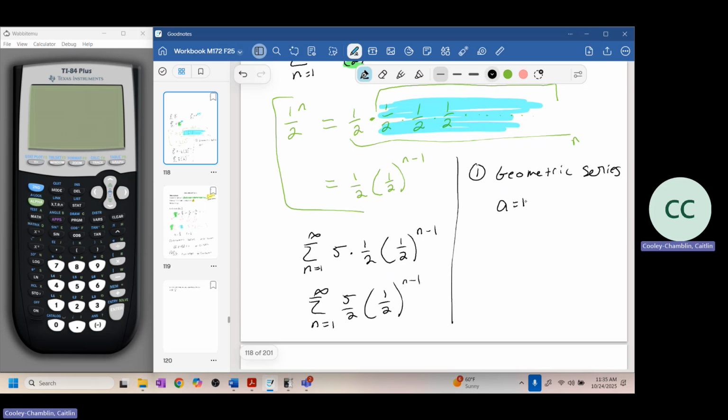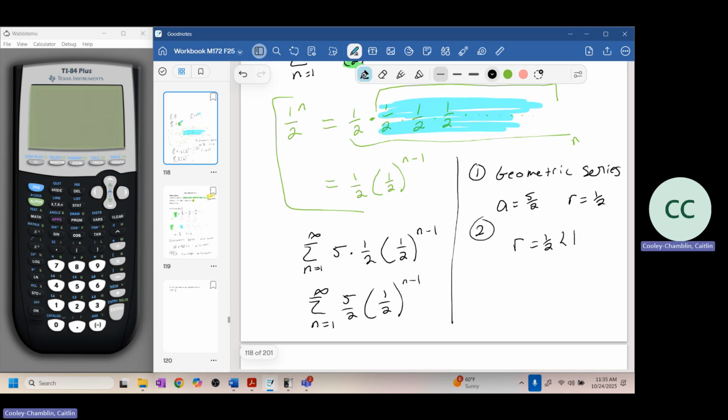My a is 5/2, and my r is 1/2. And so r equals 1/2, which is less than 1.